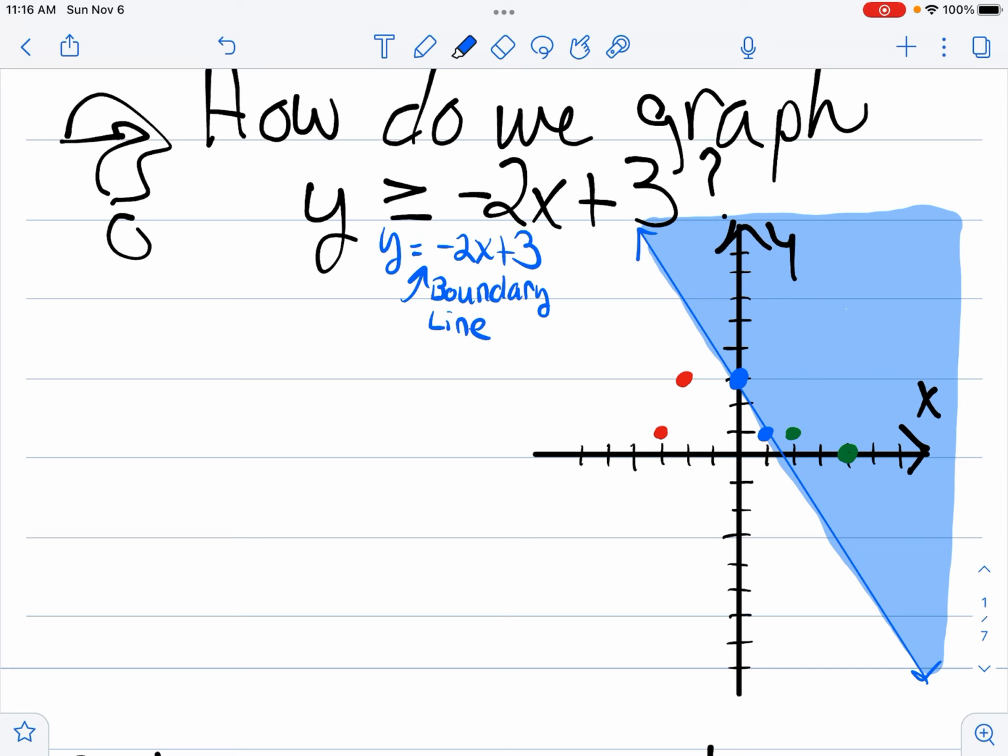Okay? So over here on the left side where we put our work, I'm going to write a quick step-by-step for this. So we're going to graph the boundary line.